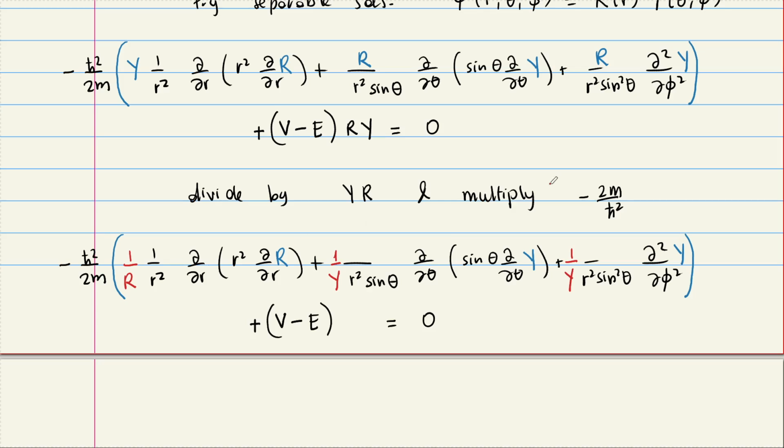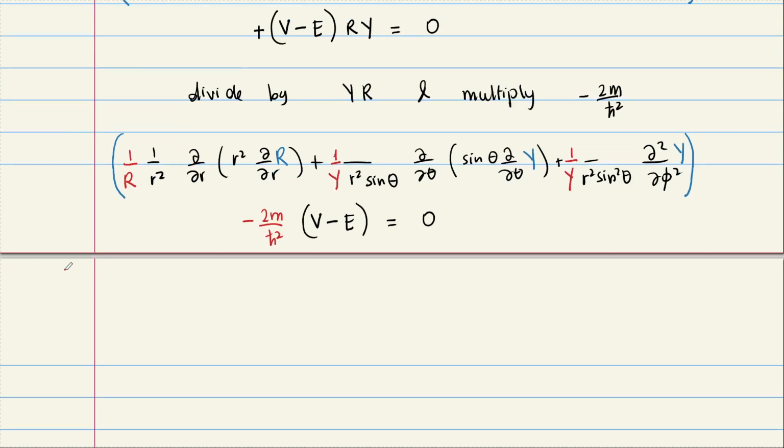And I also multiply with minus 2m over h bar squared, so let's also do that. So this is going to be minus 2m over h bar squared, and this is also gone. And now is the part that we identify what is r dependent, what is angle dependent.